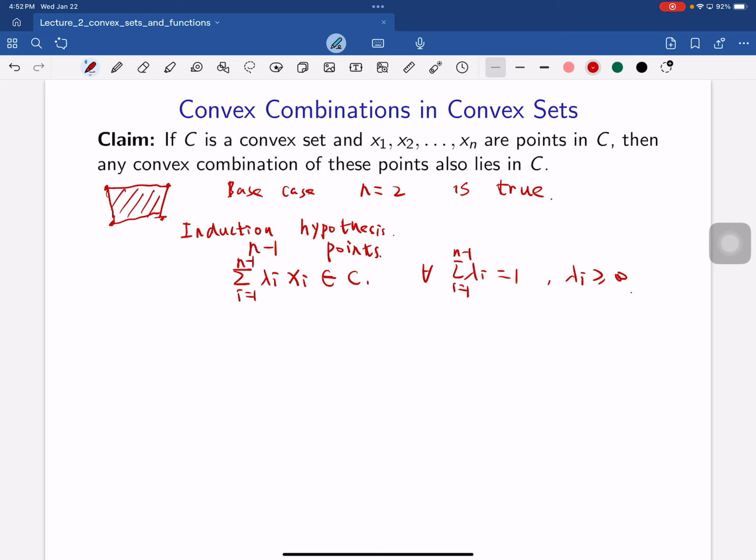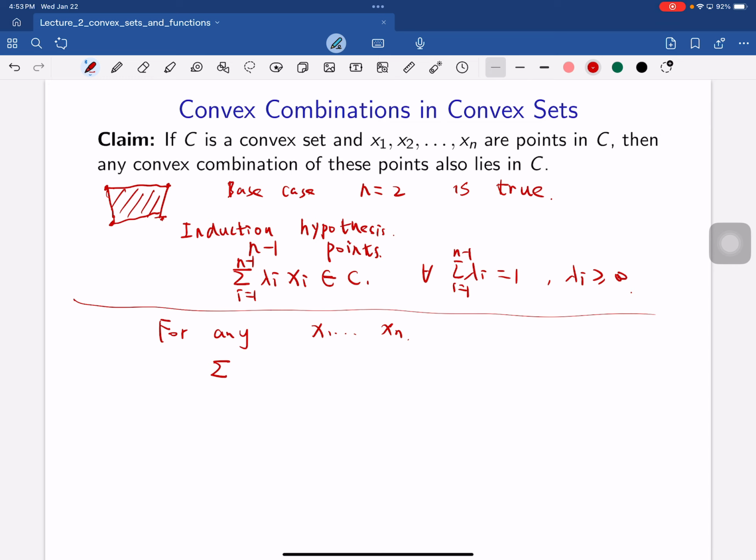So now we want to assume this is true. We want to consider the convex combination of any arbitrary n points, right? So what we want to show is, for any x_1 to x_n, let's consider their convex combination.